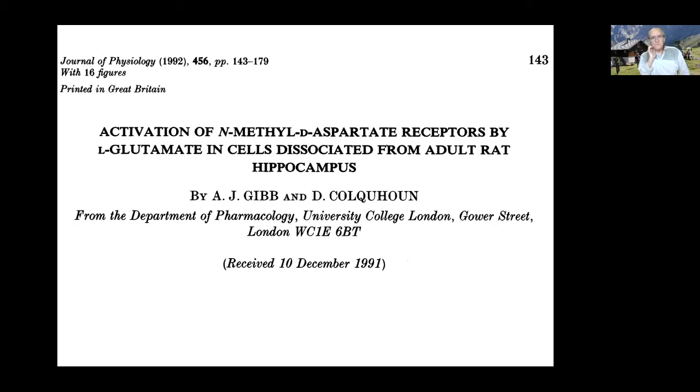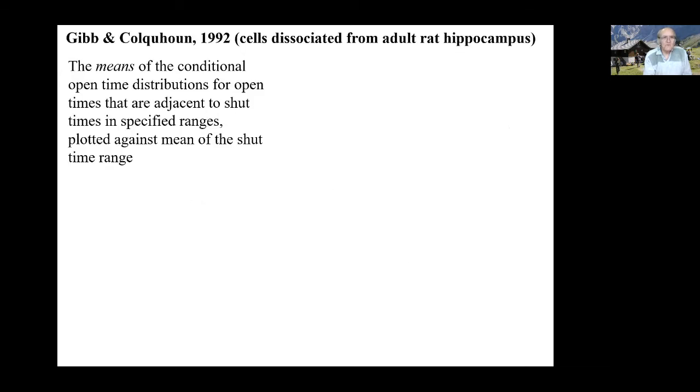And this we observed in 1992. Alistair Gibb did some nice experiments which showed this phenomenon; we hadn't done the theory fully by that time. These were native NMDA receptors.